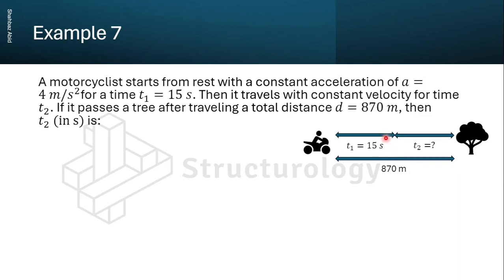So if we know that displacement and we get the difference between 870 meters and this displacement, it is going to give us the remaining displacement to be covered in constant velocity. In the constant acceleration phase again, a motorcyclist is going to have a final velocity. That final velocity is going to become a constant velocity for step 2.